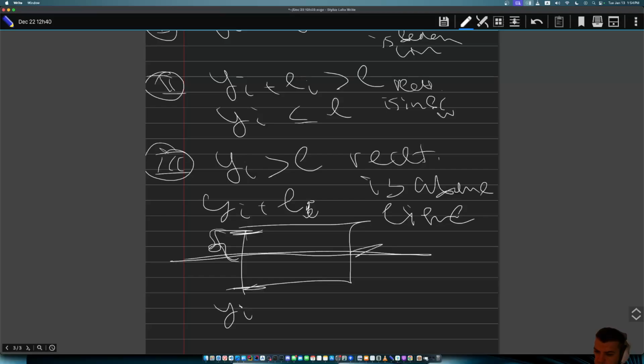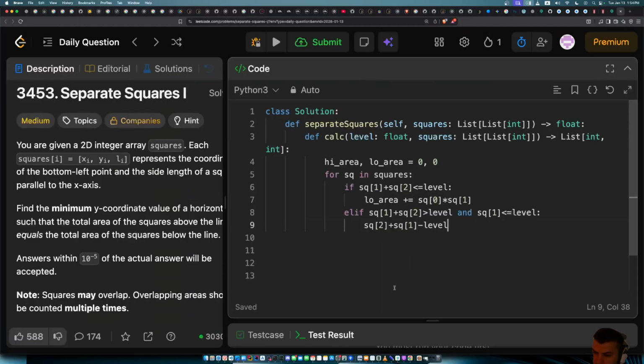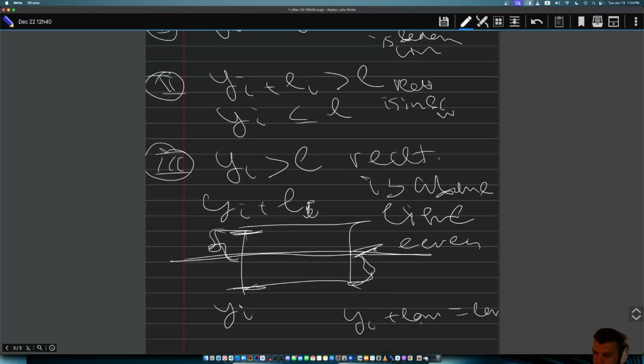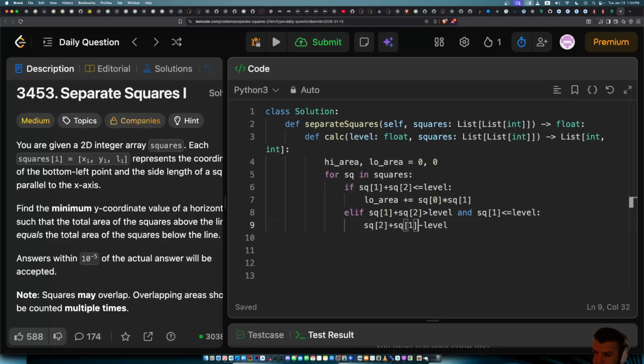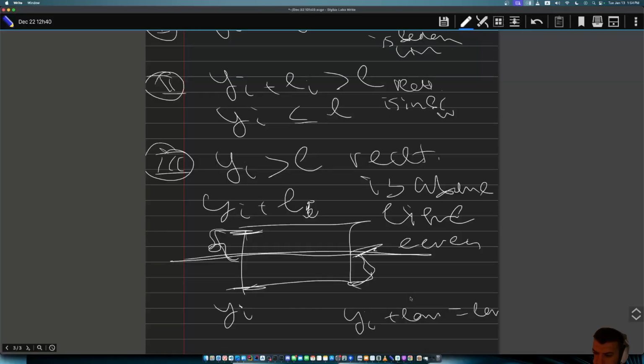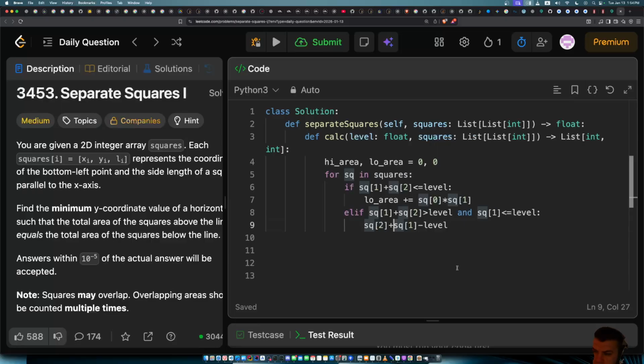I know that this is a level, and then yi plus lower size equals level. So level minus yi gonna be lower size. Oh no, level minus yi. Level minus yi gonna be lower size, so level minus square 1. And that's gonna be the size of the lower one.